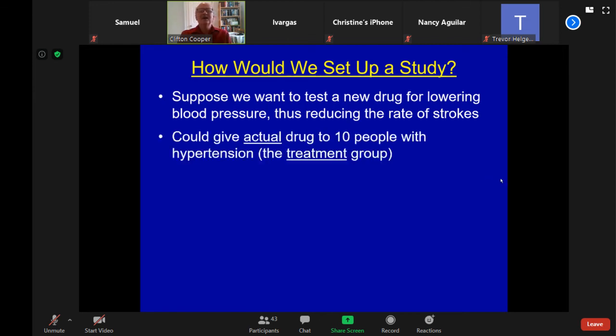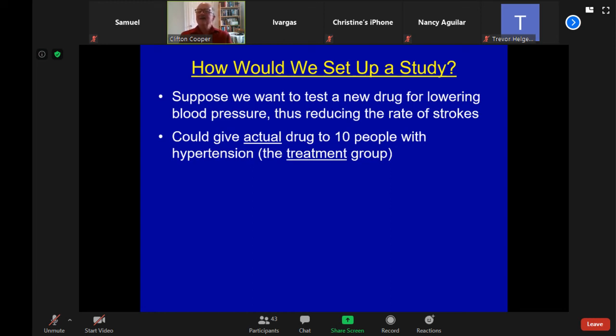So here's one way you could do a study. Imagine you have a new drug and you want to test it out. Let's say you've got 10 people that you want to test the new drug on. Let's say you pick middle-aged men with hypertension. I'd be a perfect one for that study.